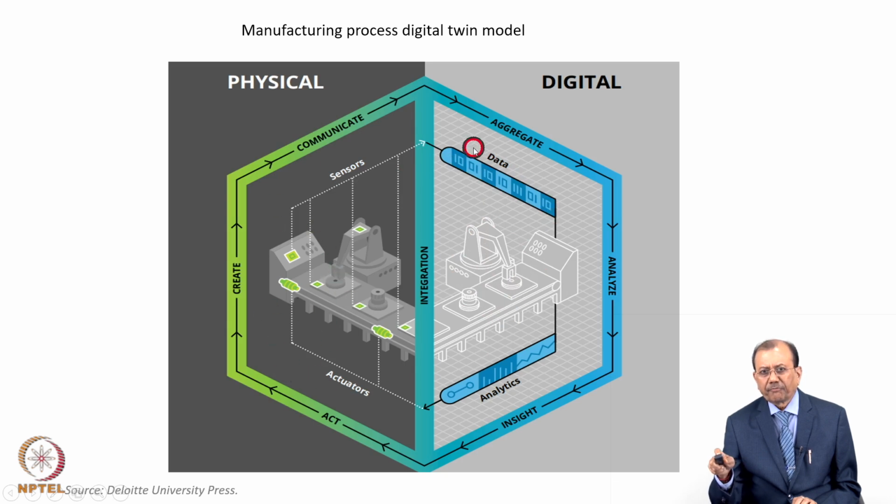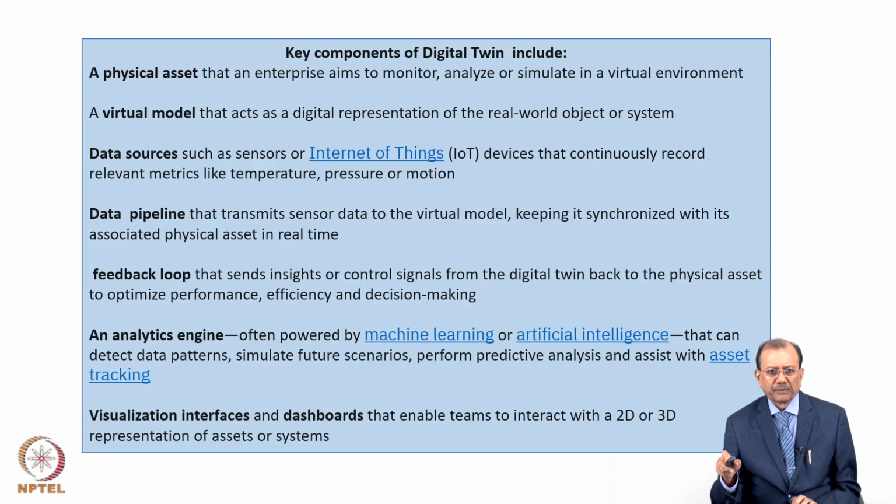This is called the feedback loop. Once the data is fed in, whatever desired action is required, or no action, is operated on the physical object. So the feedback loop can be understood by this simple operation.